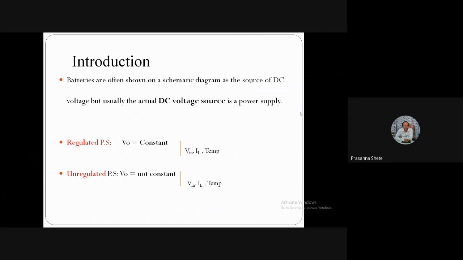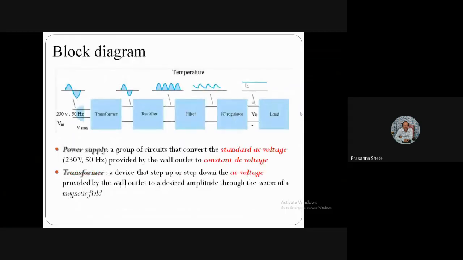So irrespective of the variation in all these three parameters, the output DC voltage remaining constant is called regulated power supply. And what is unregulated power supply? The output voltage not maintaining constant if there is a change in input voltage, load current IL, and temperature. I hope you understood the definition of regulated power supply and unregulated power supply.